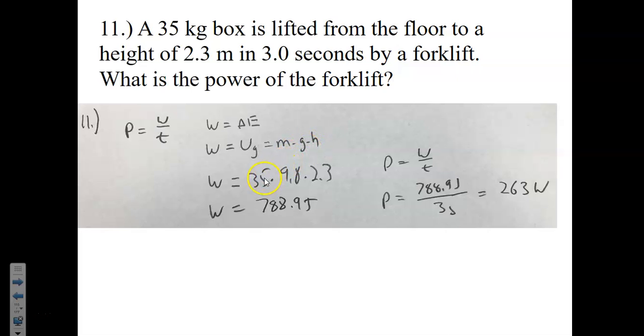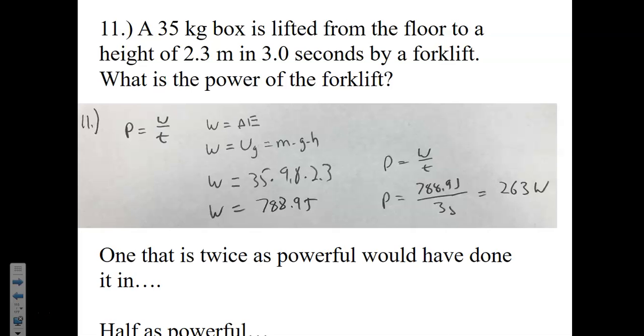So plugging in, our mass is 35, gravity is 9.8, and height is 2.3 meters. We get 788.9 joules of work. Now to figure out the power, we take the work and divide by 3 seconds, and we get 263 joules per second, or watts. Now, if we had a motor that was twice as powerful, it could have done that job in half the time.